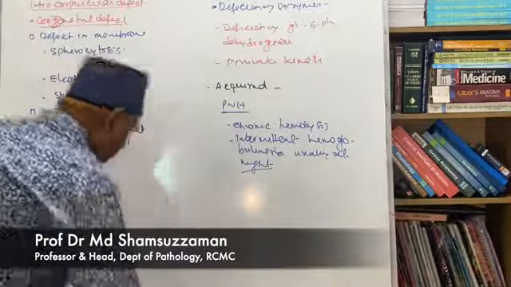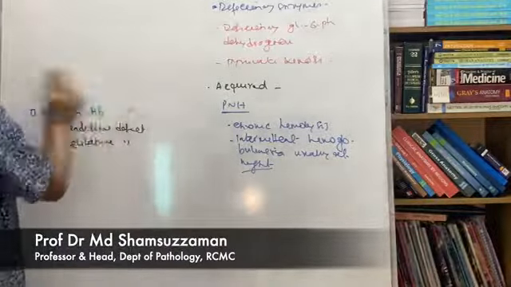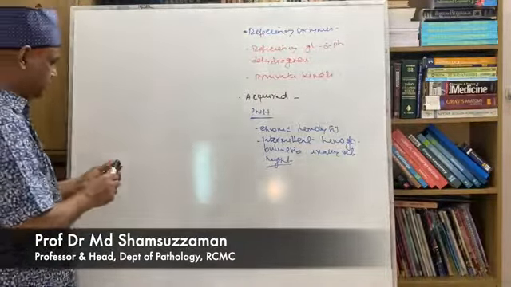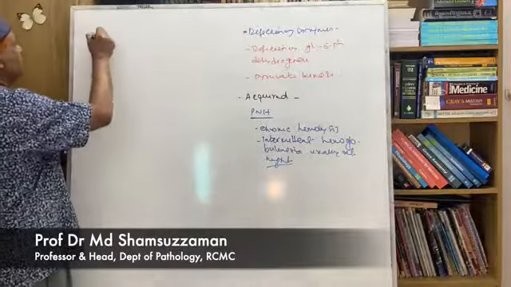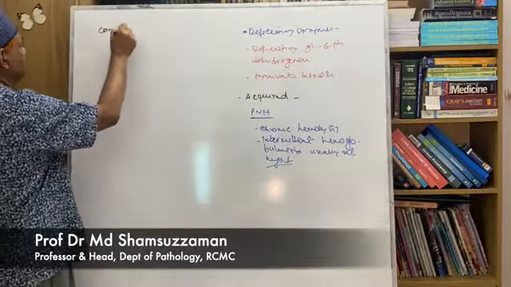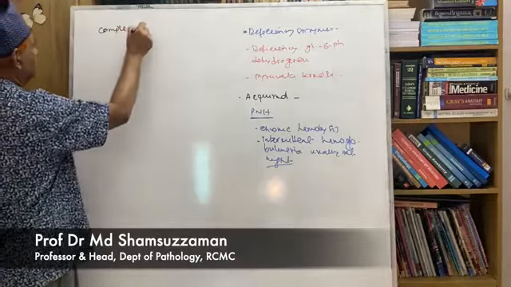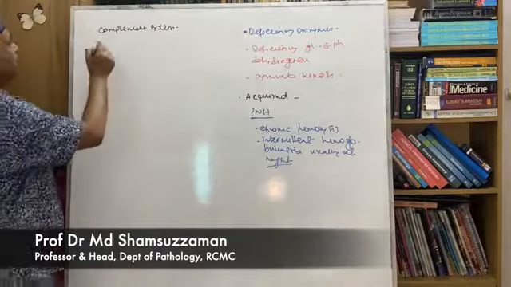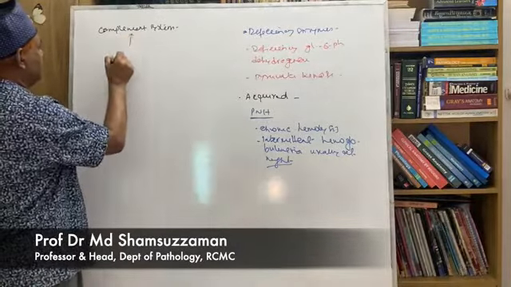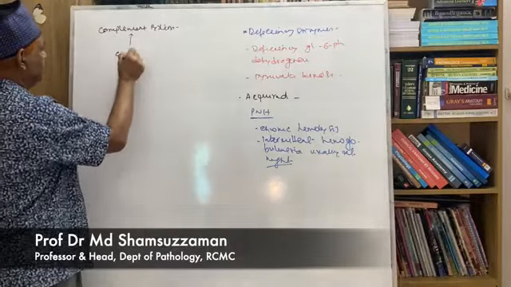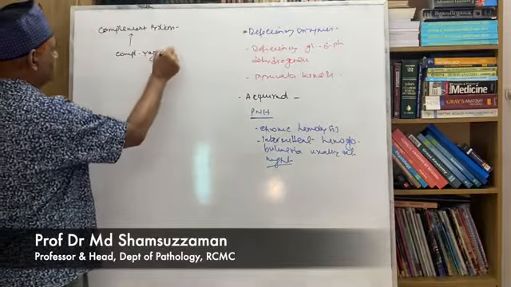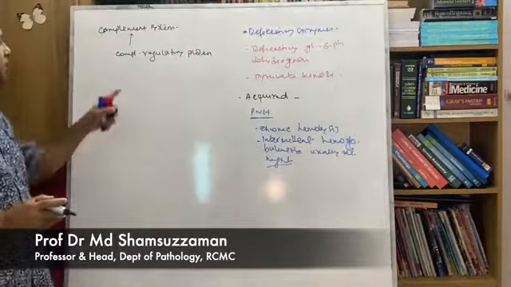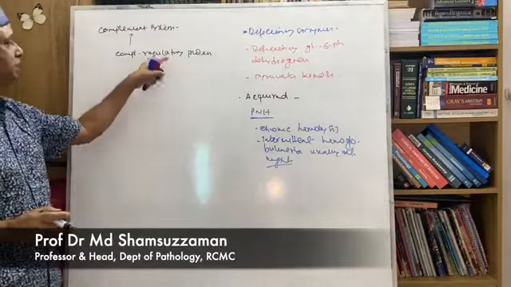Dear audience, now come to what happens in PNH. You know, we have a complement system in our body, and this complement is regulated by a protein called complement regulatory protein. In PNH there is deficiency of this complement regulatory protein.